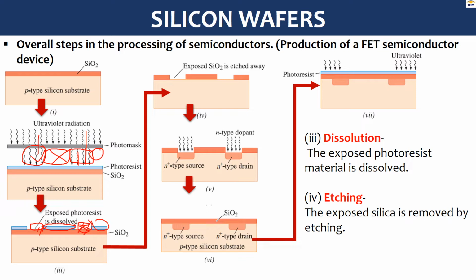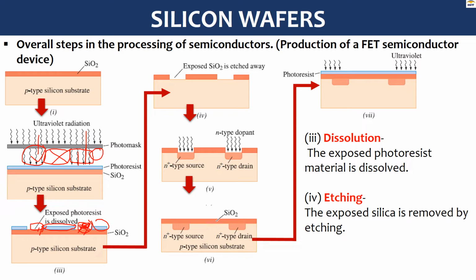Okay. Then the fifth stage is actually called etching. Okay, what does etching do? Etching now removes the exposed silica. First of all, we have removed the photoresist using the process of dissolution.